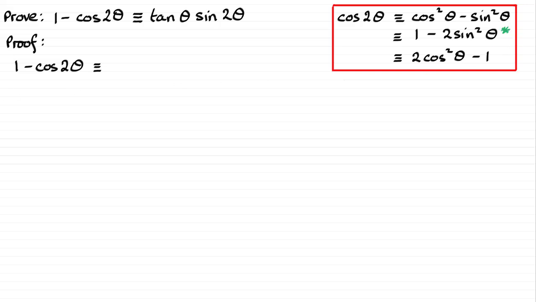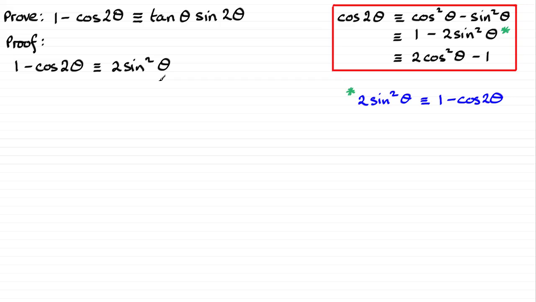I can see that rearranging it, if I add 2 sine squared theta to both sides, what I end up with is 2 sine squared theta is identical to 1, and then I can subtract cos 2 theta from both sides and I get 1 minus cos 2 theta. So straight away I can see from that result there that 1 minus cos 2 theta here must be identical to 2 sine squared theta.